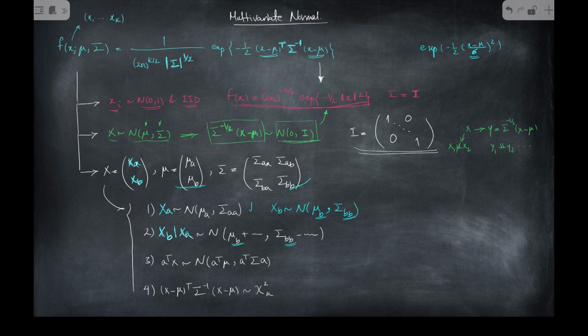In general it's good to know that if you have a vector which is jointly normal, or multivariate normal, and you divide it into 2 parts, each part given the other one is also normally distributed.